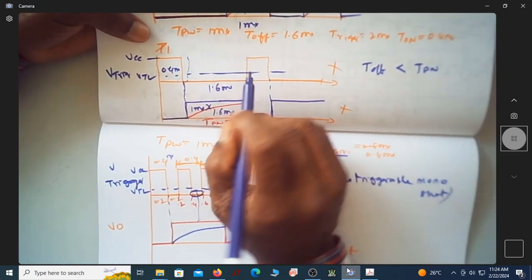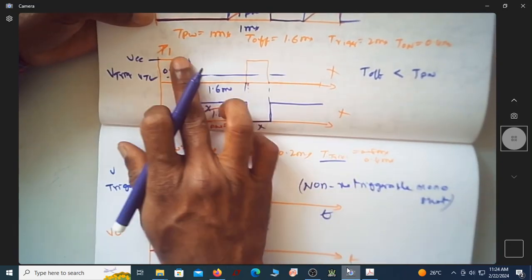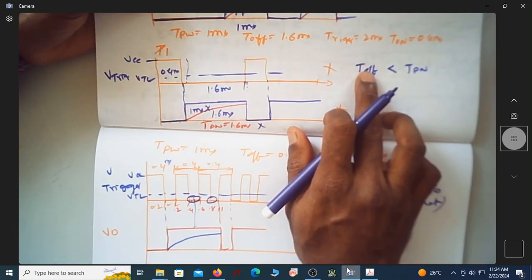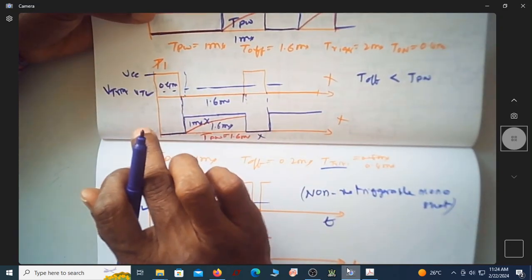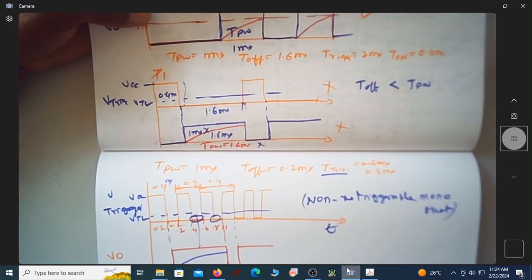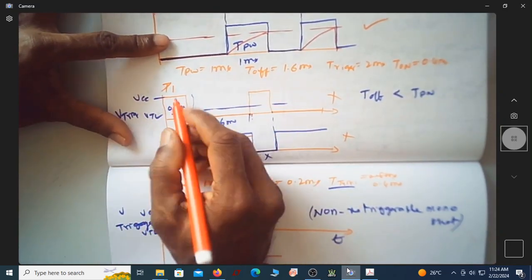And of course, suppose you have this type of signal where T off is not less than the pulse width, we need a signal conditioning circuit which should make this trigger signal something like this.